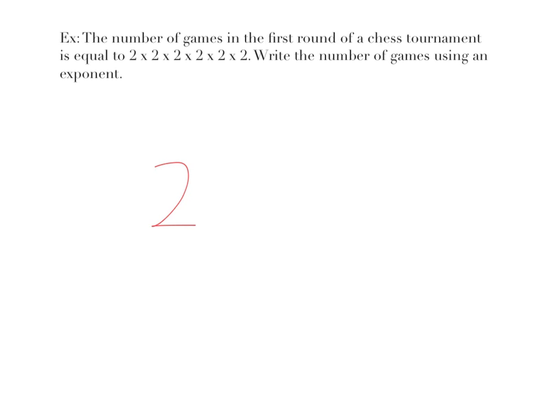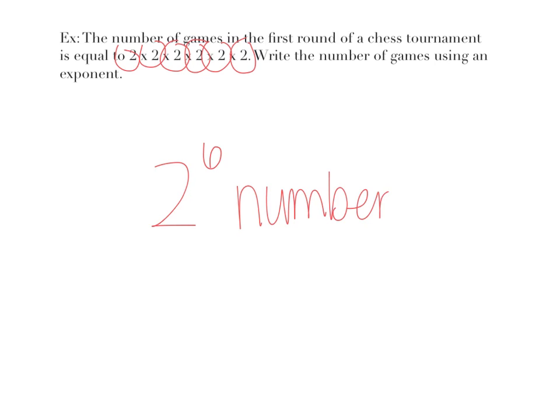Now, I just need to see how many times 2 was repeated. 1, 2, 3, 4, 5, 6 times. 2 to the 6th power is the number of games using an exponent. And I'm going to write number of games. And that was actually an example from your homework. Easy as pie.